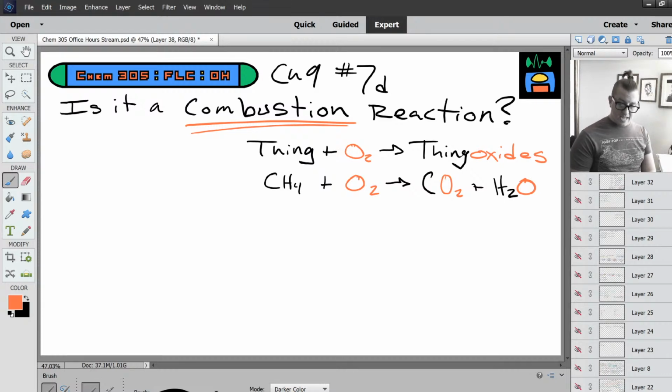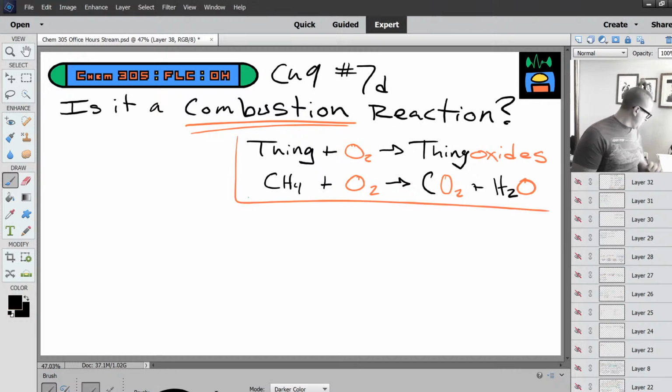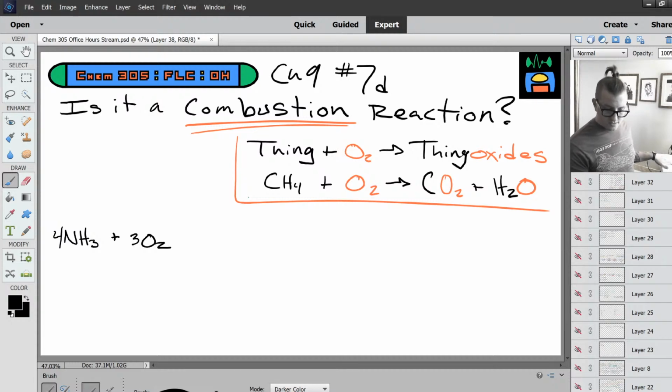When you look at this problem, part D, you have NH3, 4 ammonias plus 3 O2s. I'm sorry, I know this isn't balanced here.